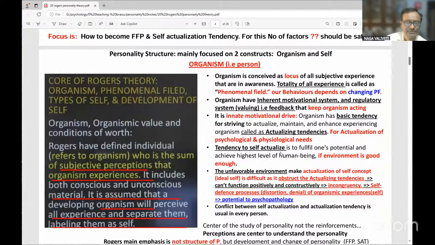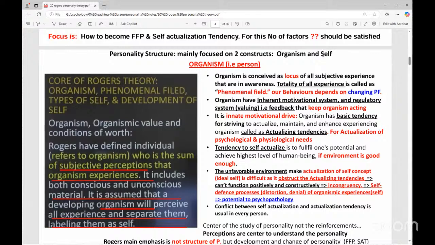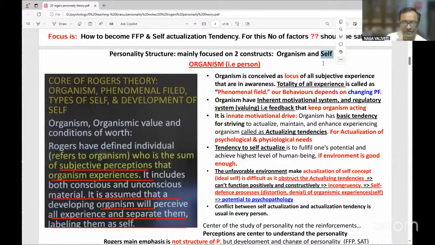So organism is not presented in one self as such, it should be looked into through different dynamics. We will come to self. It is part of the organism. The organism evaluates its experience and creates the process. This organism has its inbuilt process of evaluating and creating the self. In the next slide, we will come to that.